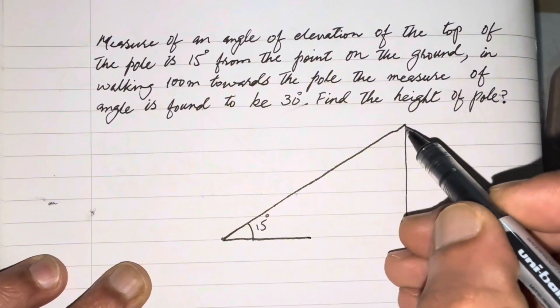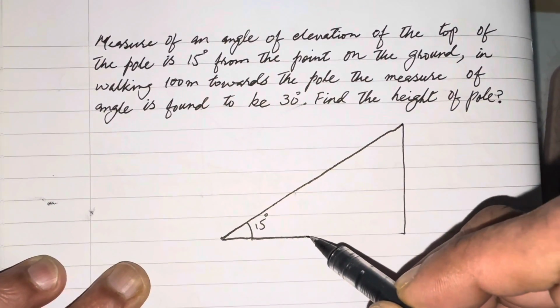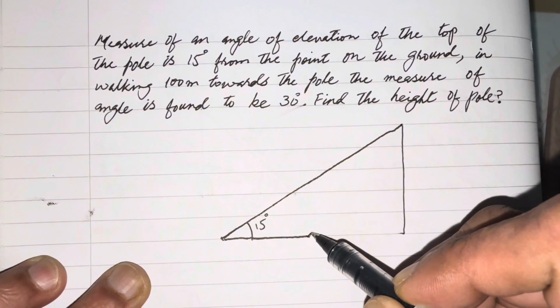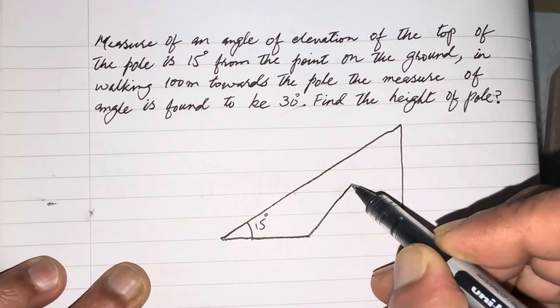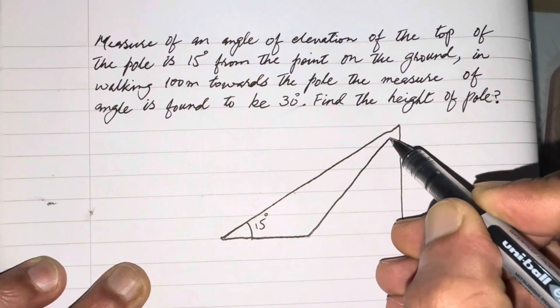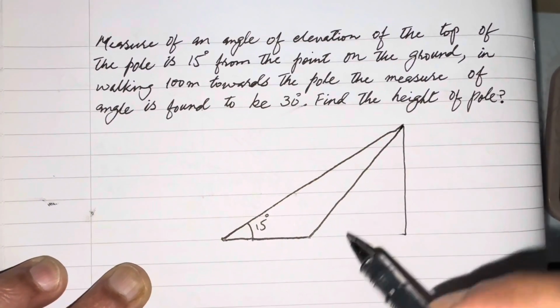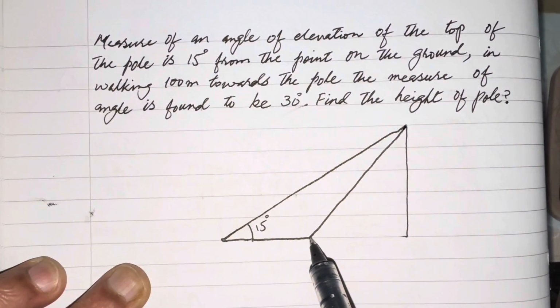So now from this point the angle of elevation is 30 degrees with the ground.